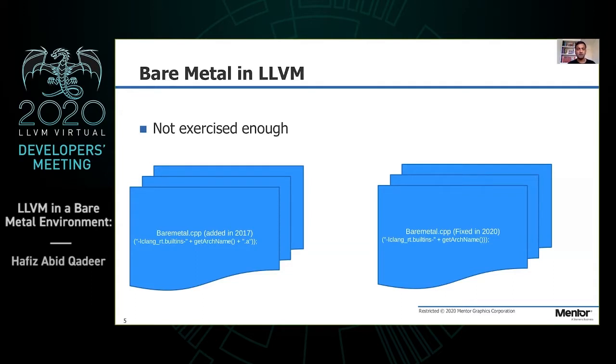But this error did not get noticed, and it was only fixed 3 years later. Although it could have been quite obvious if you tried to build a toolchain based on this file, and you would notice the problem when you try to link an application. So I think it is getting more traction, but still we don't have enough bare metal LLVM toolchains around.